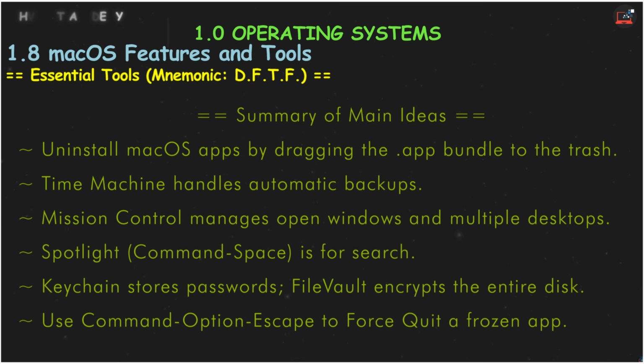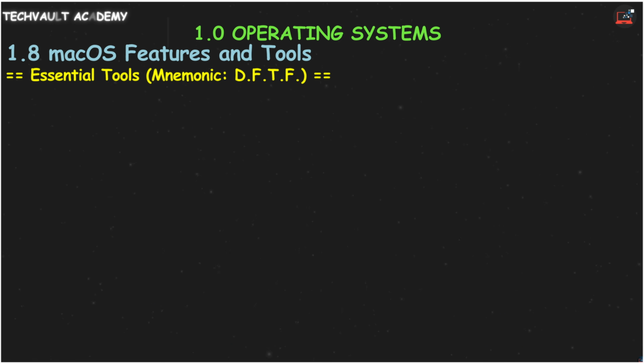Mission Control gives you a bird's-eye view of all your apps and lets you manage multiple desktops. Spotlight, launched with Command-Space, is your universal search bar. Keychain securely stores your passwords, and FileVault provides full disk encryption. And if an application hangs, use Command-Option-Escape to force quit. That covers the critical details for this objective.